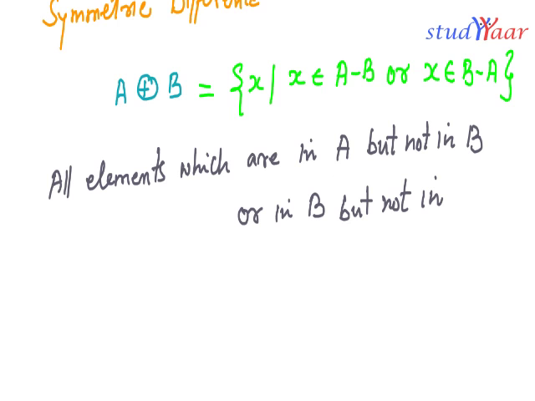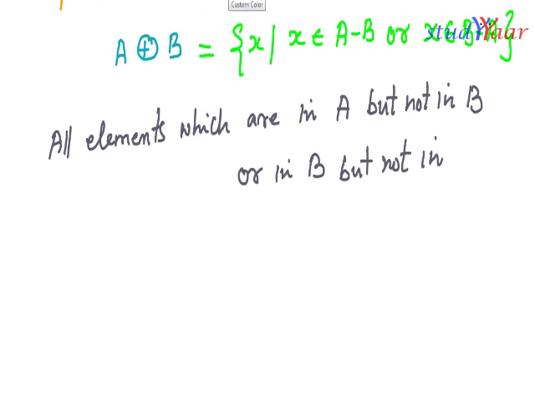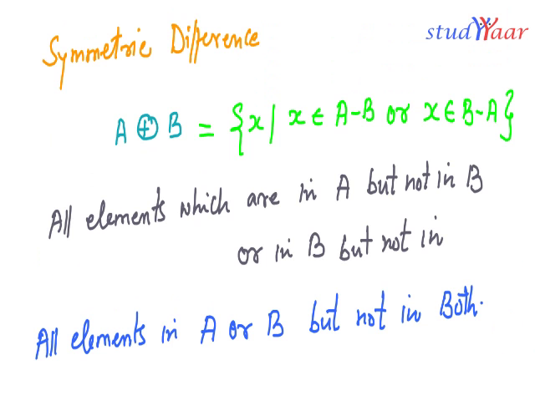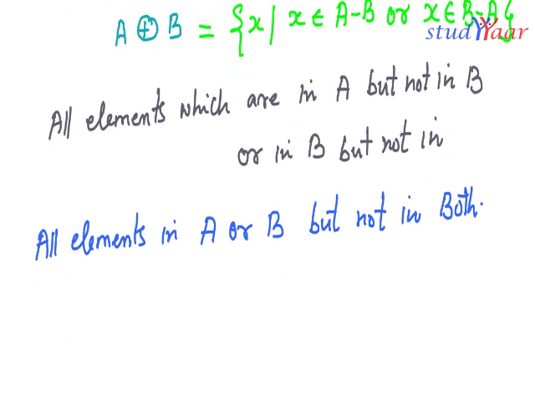But in simpler words, what we are saying is it basically contains all elements in A or B but not in both. So we are going to see what this means using an example.